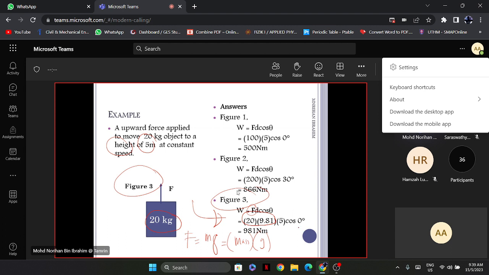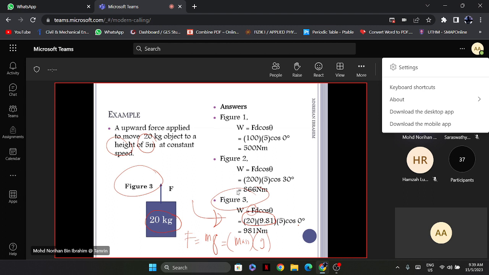W is equal to FD cos theta, which is equal to 20, represent the mass, 9.81 is gravitational accelerations, 5 represent the height of 5 meter, the distance.